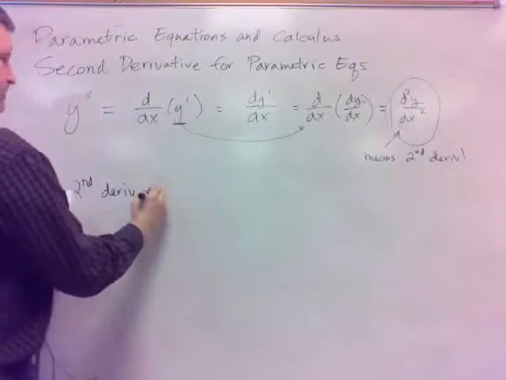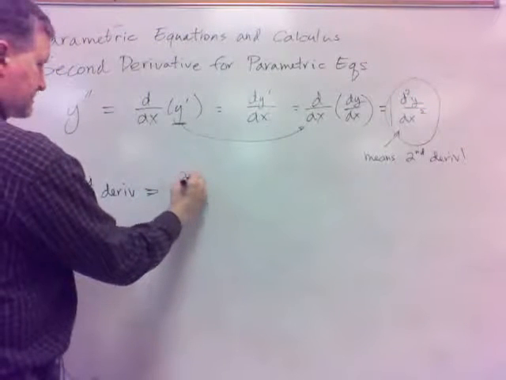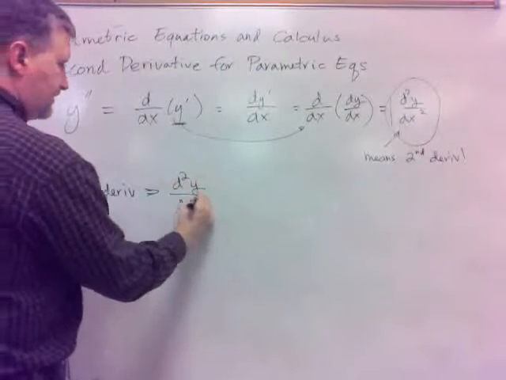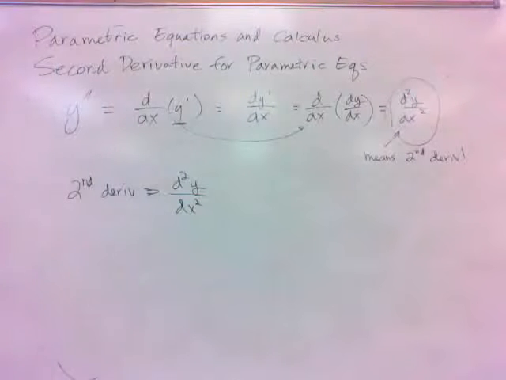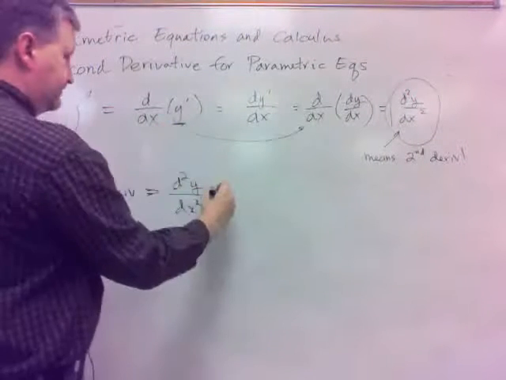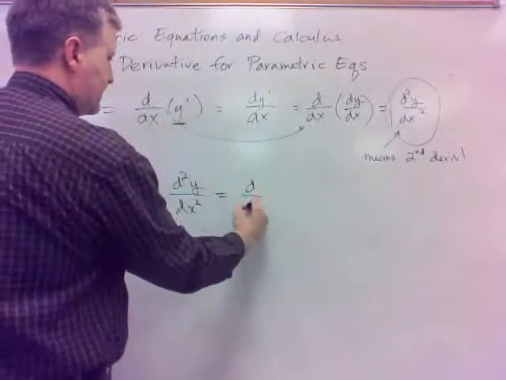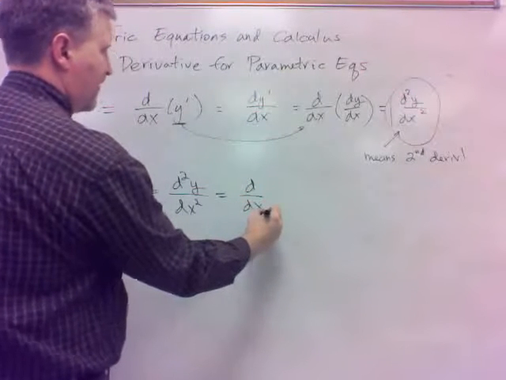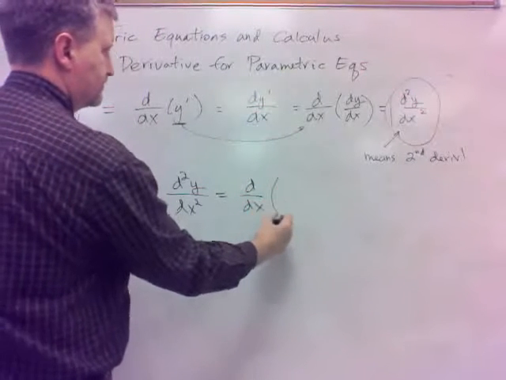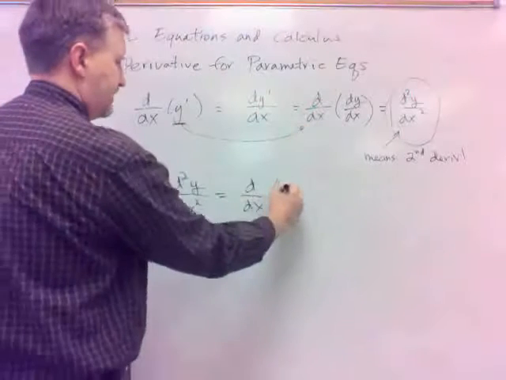Usually if they're wanting the second derivative, they say, find this. Let's focus on this for just a second, though. It's the d dx of y prime, or the d dx of dy dx.